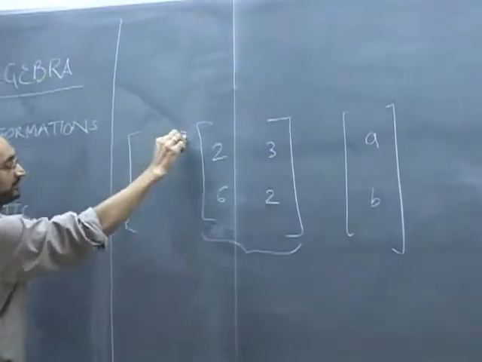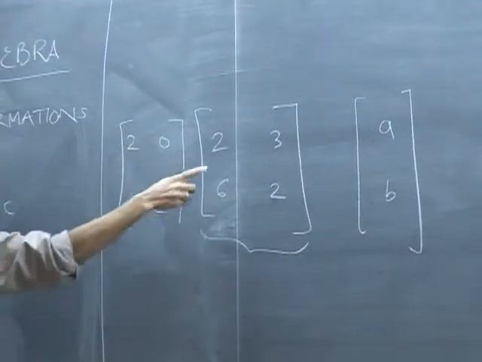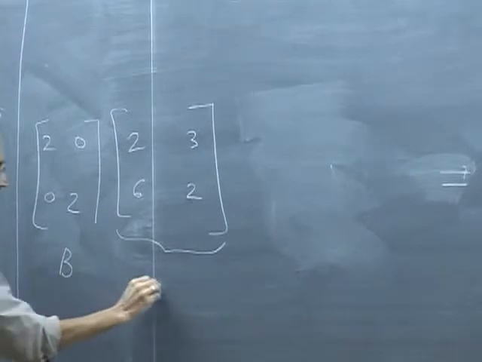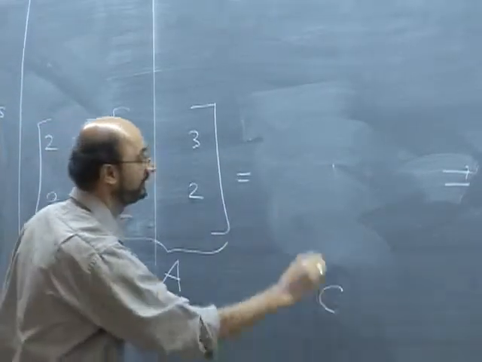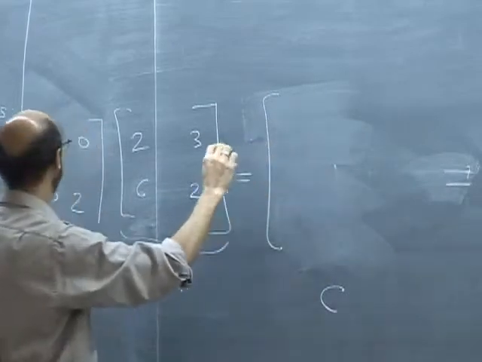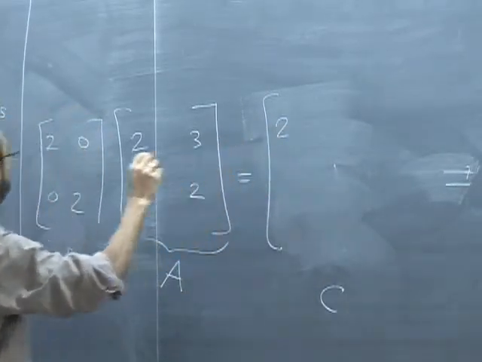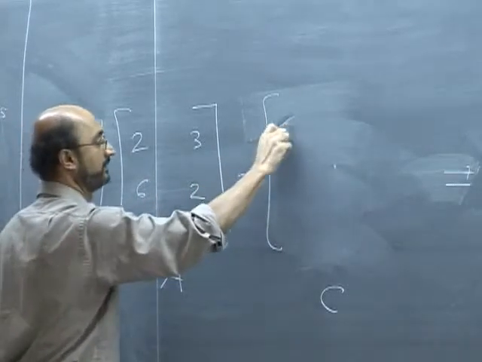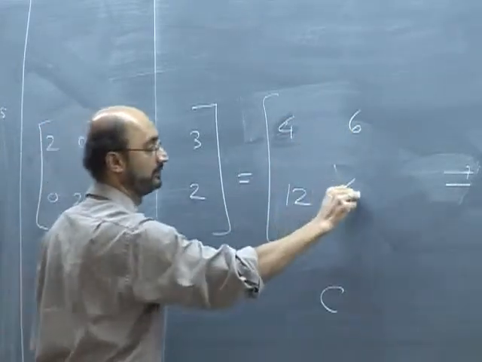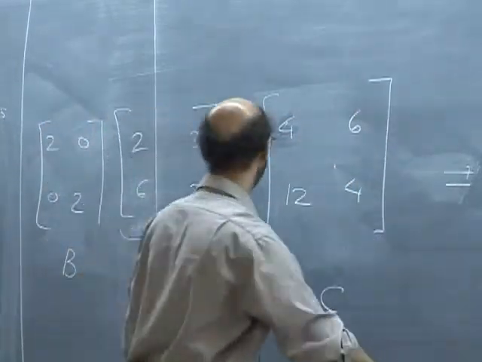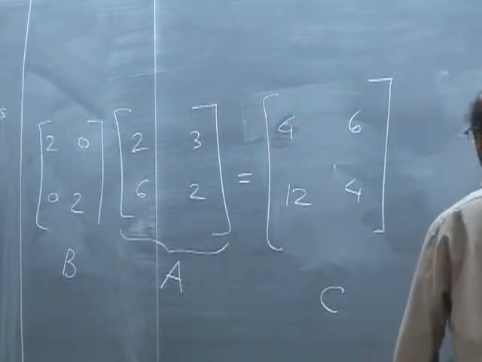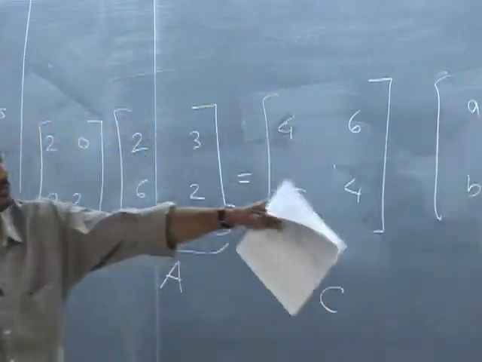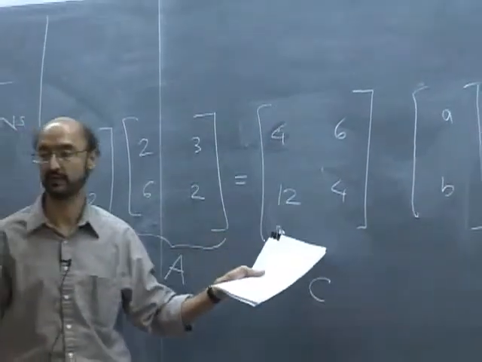I'm going to take this matrix 2, 0, 0, 2 and apply it to this one over here, because this is B and this is A, and that should be equal to C. So this one is going to be 4, 6, 12, 4. And if we apply 4, 6, 12, 4 to the vector ab, that should match what's in the circle, 4a plus 6b, 12a plus 4b, right?